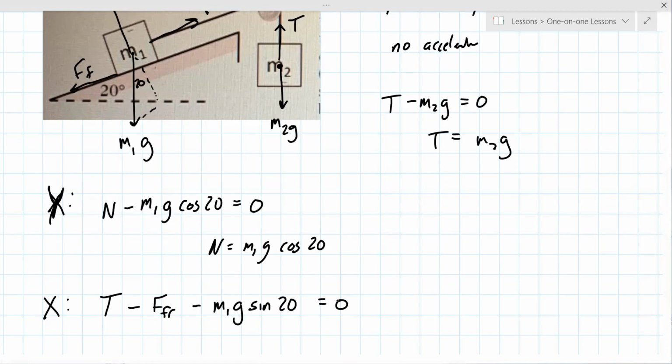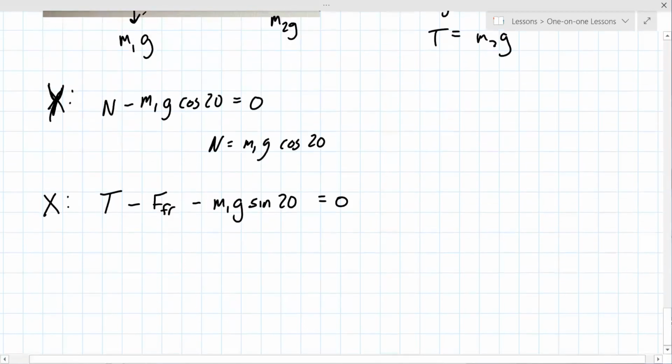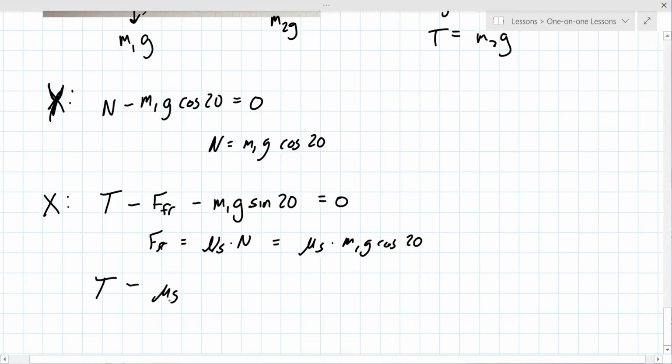You again say the force of friction is mu s times N, which is mu s times m1g cosine 20. So that's T minus mu s m1g cosine 20 minus m1g sine 20 equals 0.